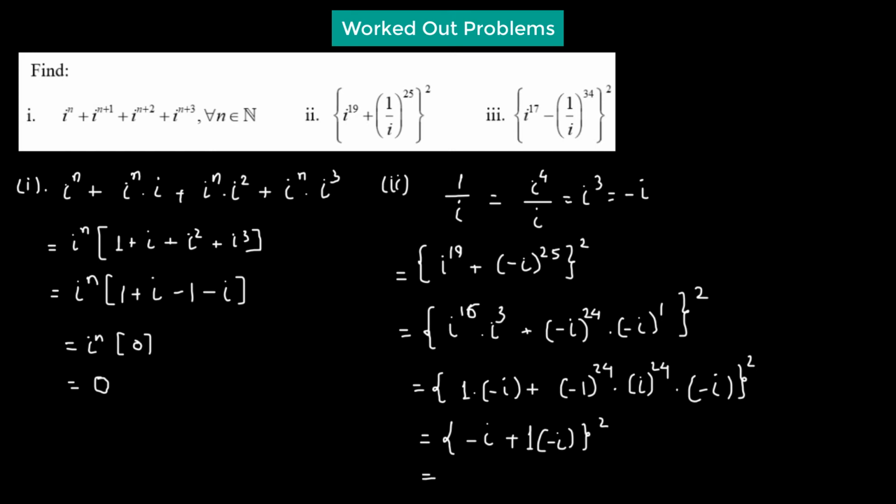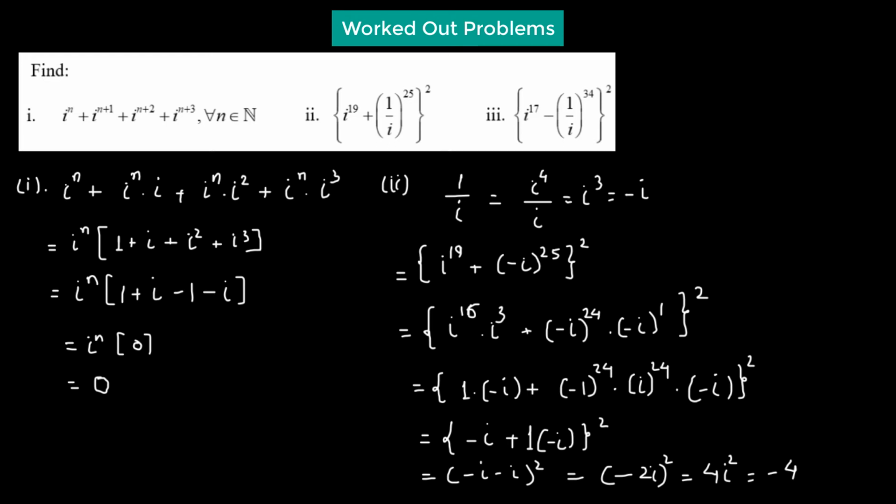So this value is equal to (-i minus i) whole squared, which is (-2i) whole squared, and that gives us 4i squared, and the value of i squared is -1, so the final value is equal to -4.